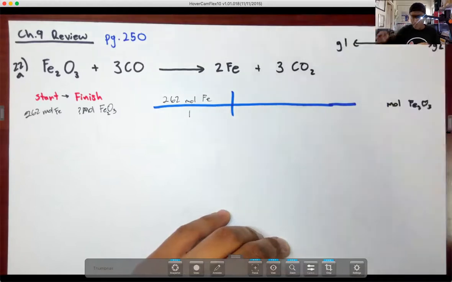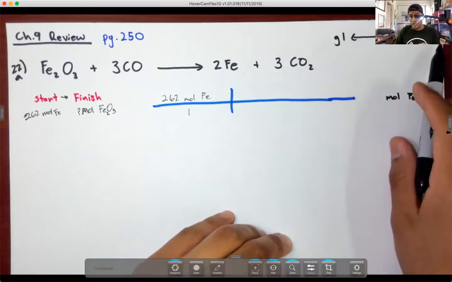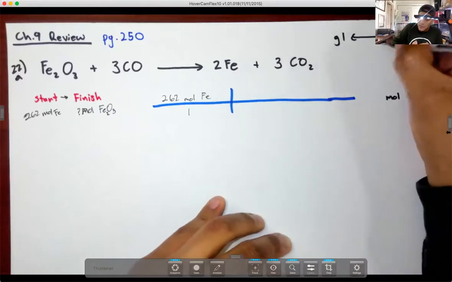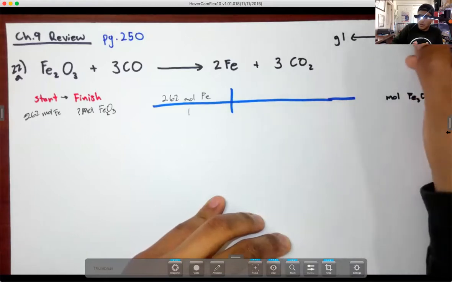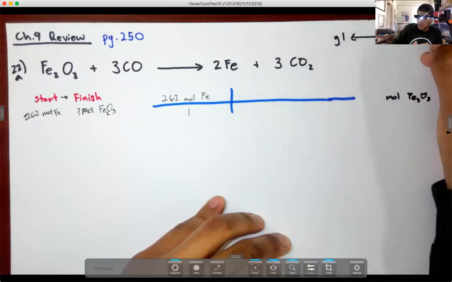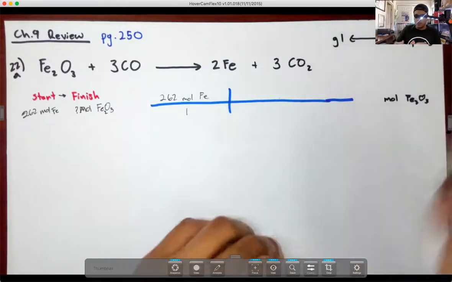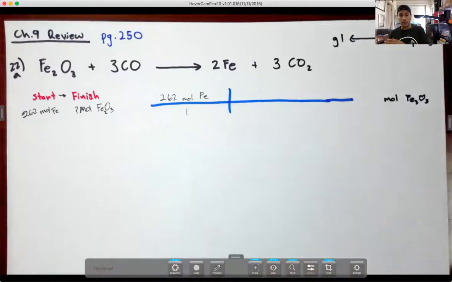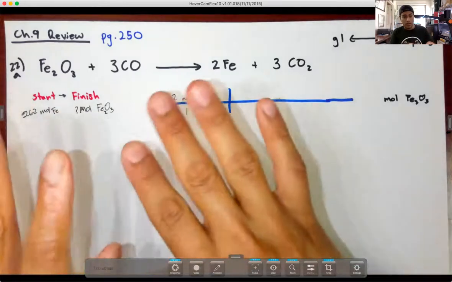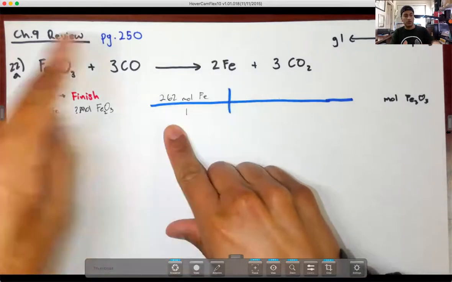Okay, so if you have grams of molecule 1, you can go to grams of molecule 2, but you have to pass through a couple of steps. Let's do 3 columns. If you're going to go from grams of one molecule to grams of a different molecule, you always need to go back to the mole, okay? Thankfully in this problem, we're not going from grams of this to grams of this.